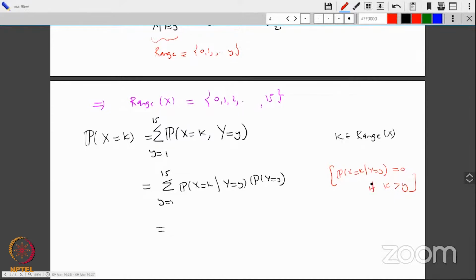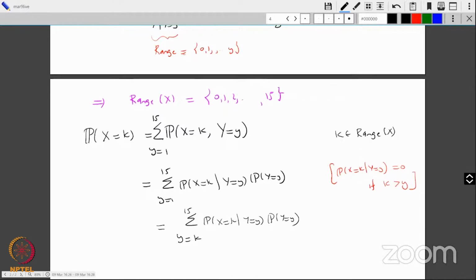So it's only valid for k less than or equal to y, or y is at least k. So you can replace the sum by the sum from y equal to k to 15 of the probability x equal to k given y equal to y times the probability of y.